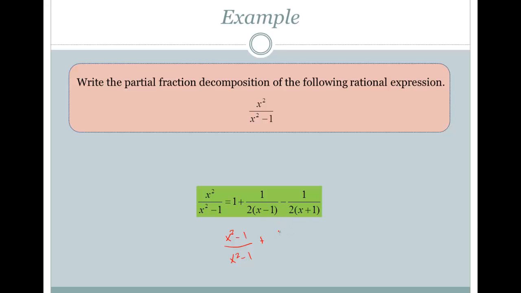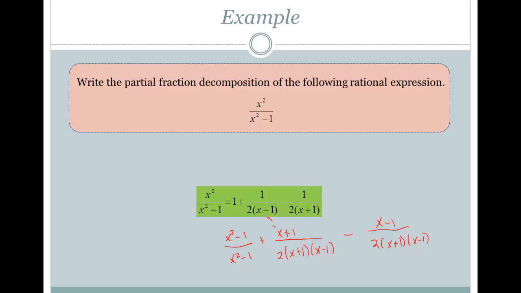So I'm going to have x plus 1 over 2 times x plus 1 times x minus 1, minus x minus 1 over 2 times x plus 1 times x minus 1.